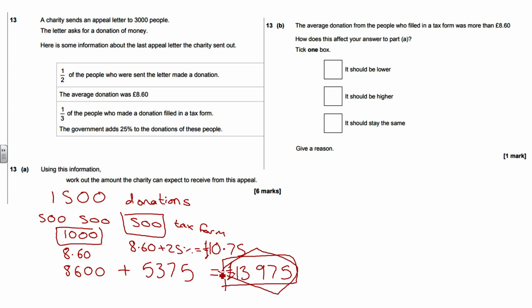Right, question 13 part B says the average donation from people who filled in a tax form was more than £8.60. How does this affect your answer to part A? Well, that would mean that the extra 25% would be going on a higher average, and therefore we would be expecting more money to come in.